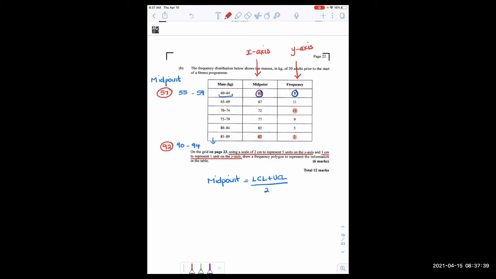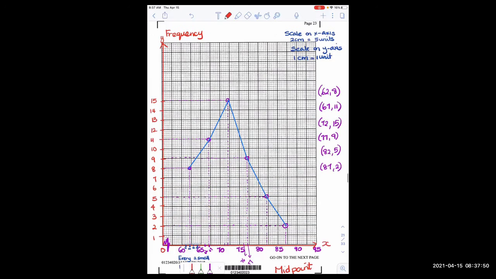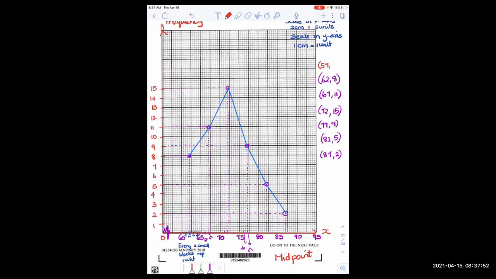Now, the frequency of those two numbers, because we want to close the diagram, it must be 0. So we are plotting 57, 0 and 92, 0.